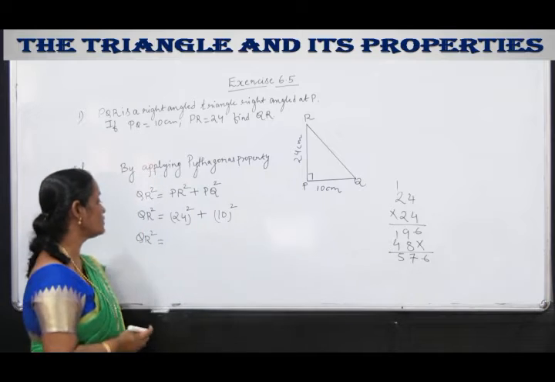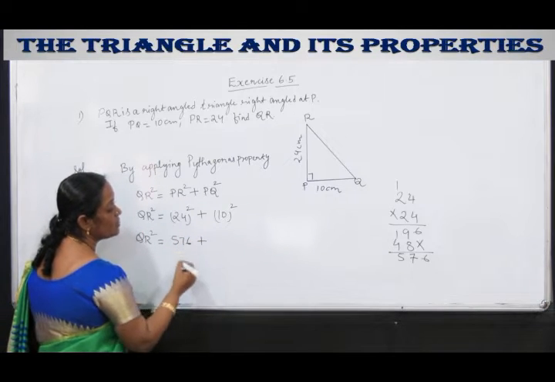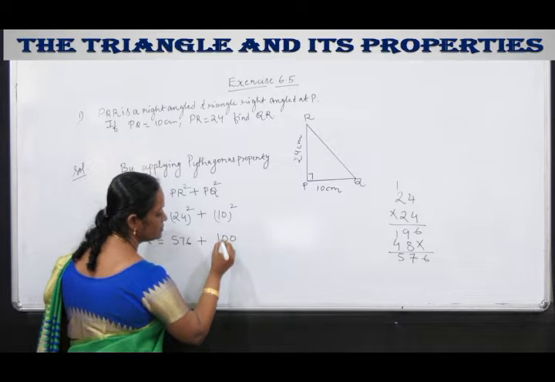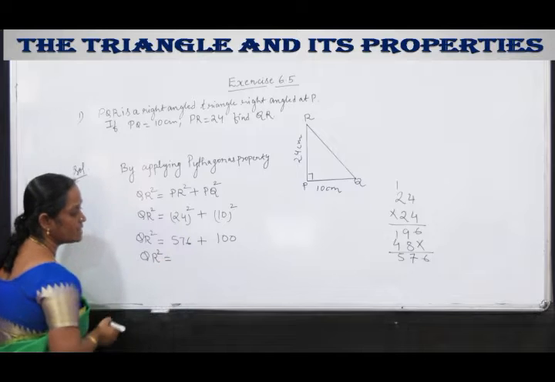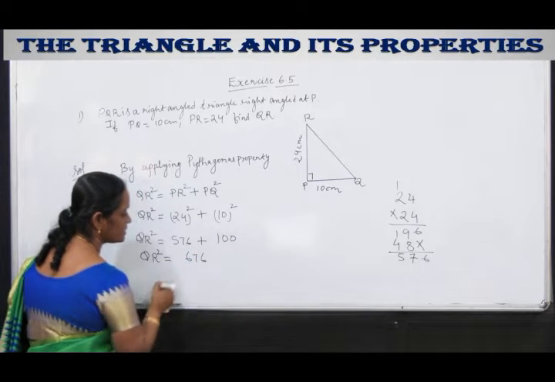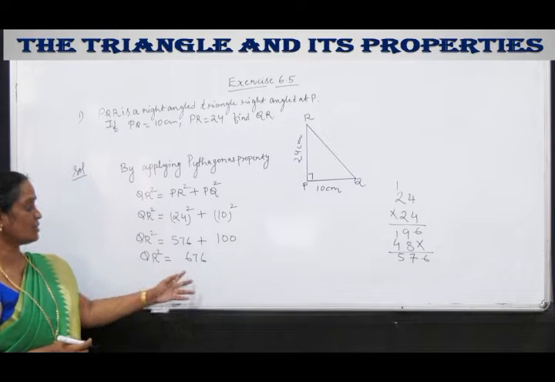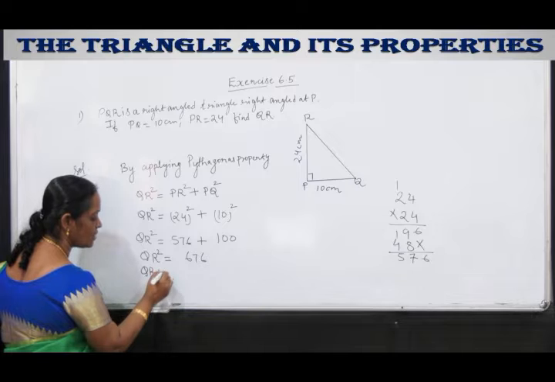The square of 24 is 576. Square of 10 is 100, you know. So QR square is equal to 576 plus 100, it is 676. Students, here QR square is equal to 676, that is QR into QR is 676.